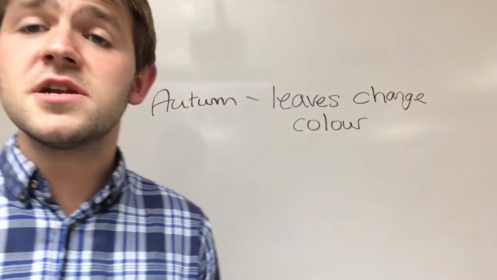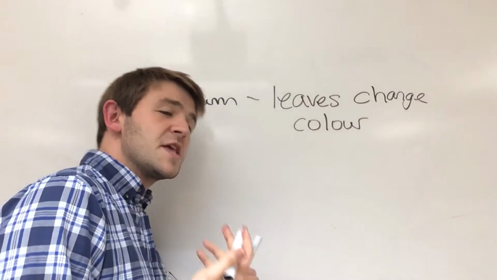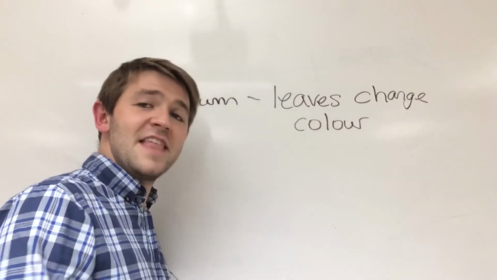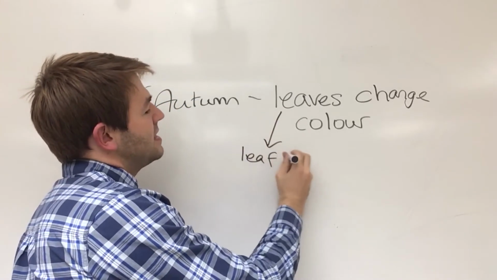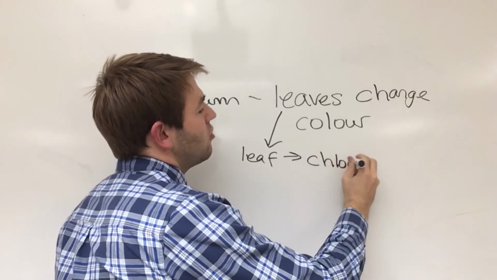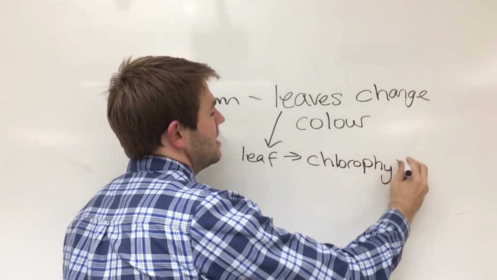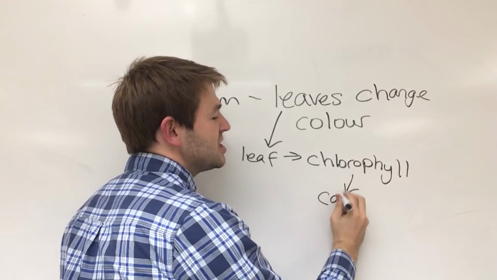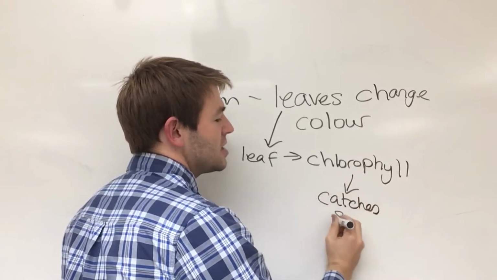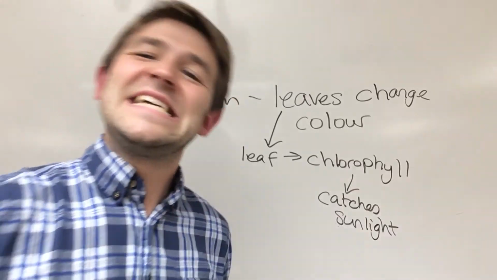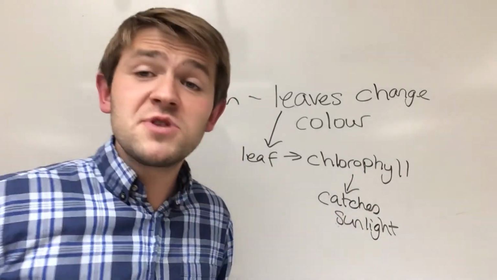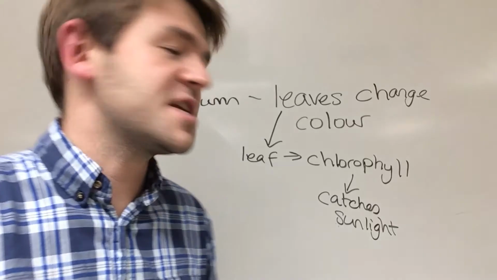That is because there's a special material in the leaf. In the leaf, there's a material called chlorophyll. This material catches sunlight. And it can catch sunlight, take the energy from sunlight and use it for that magical photosynthesis.